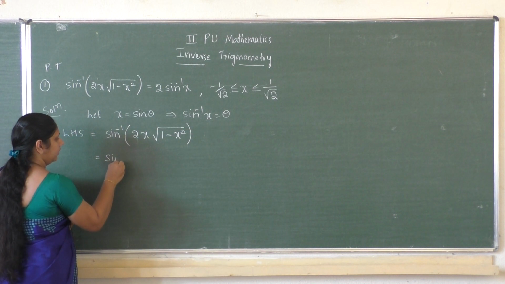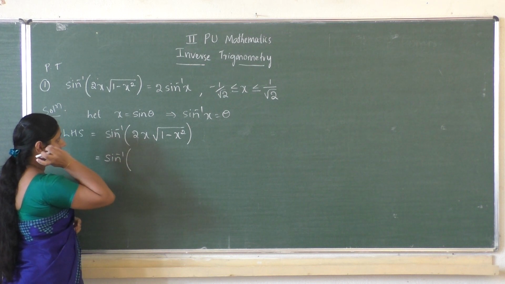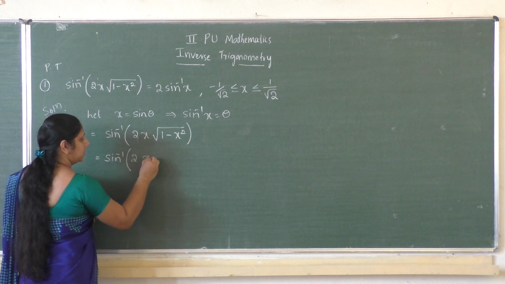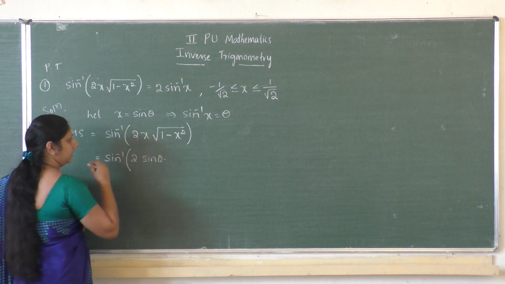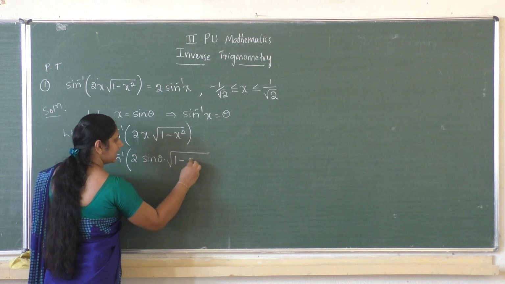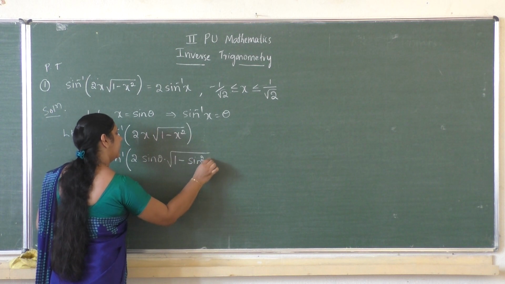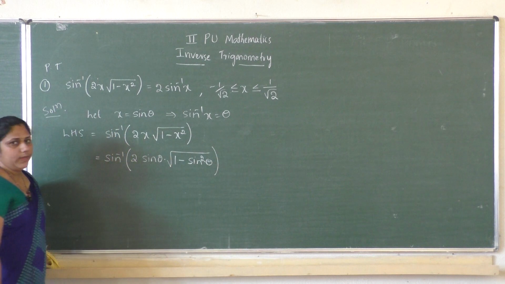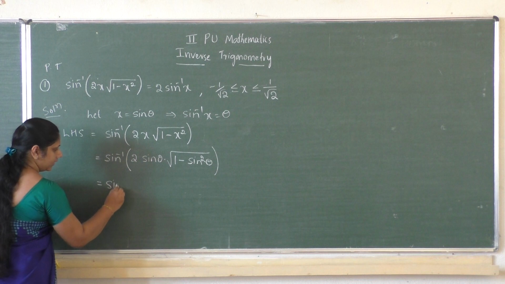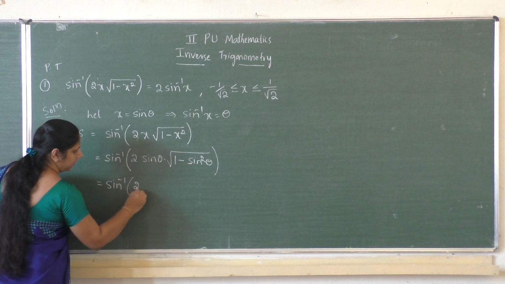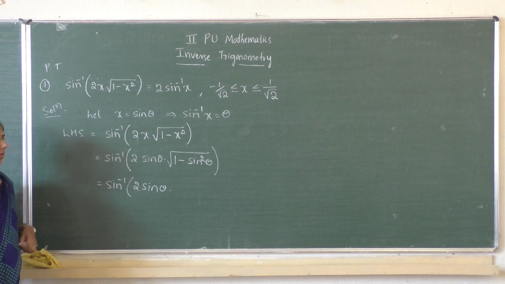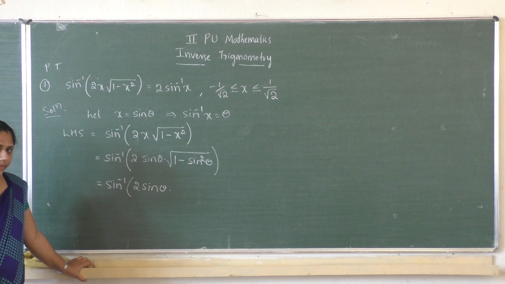Now we will write in the place of x which term? Sin theta. So it becomes 2 into sin theta into root of 1 minus x, where x is sin theta. So x square will be sin square theta, which is equal to sin inverse of 2 sin theta into root of 1 minus sin square theta.